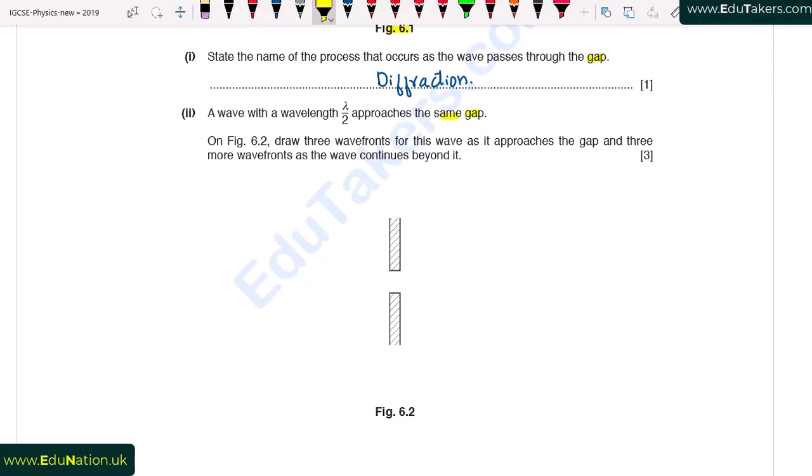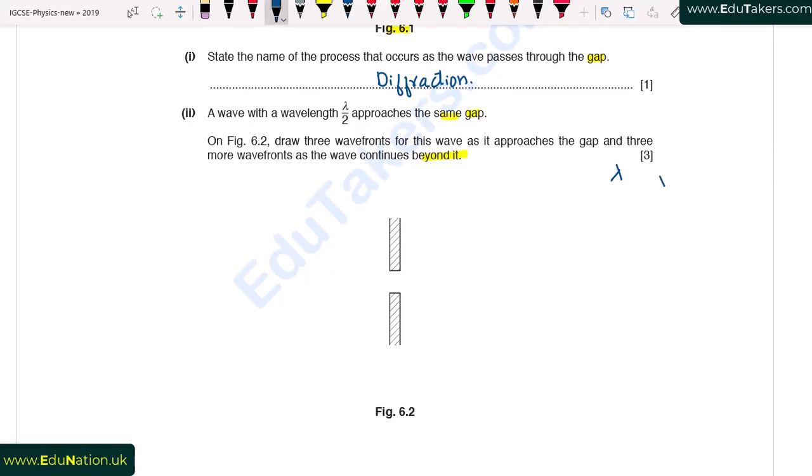On figure 6.2, draw 3 wavefronts for this wave as it approaches the gap and 3 more wavefront as the wave continues beyond it. So here we have to draw the 3 wavefront whose wavelength is equal to half of the wavelength that was before. So I consider that first of all wavelength is lambda and then it becomes half.